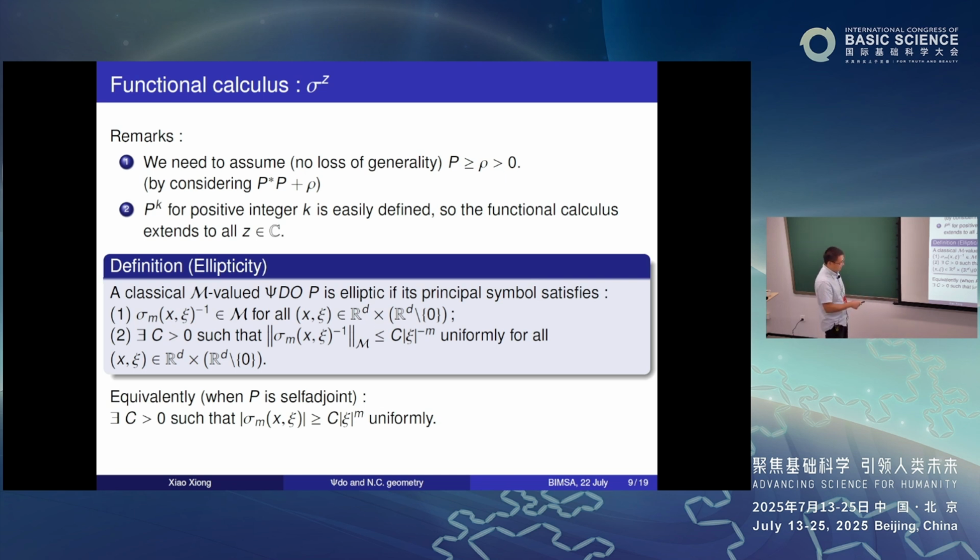But in the operator valued case, we have to assume these conditions simultaneously. At least in the self-adjoint case, these two are equivalent to this one. So in this case, we are able to do the functional calculus for the symbols.